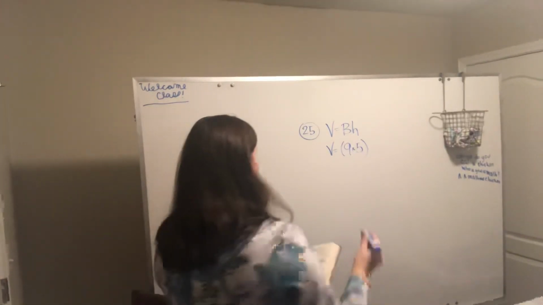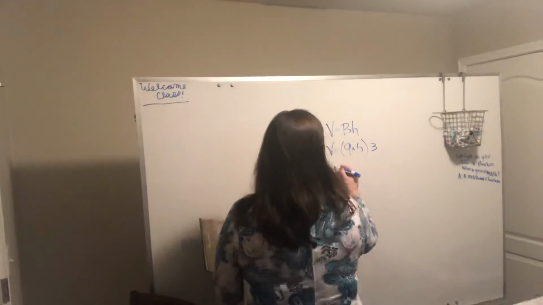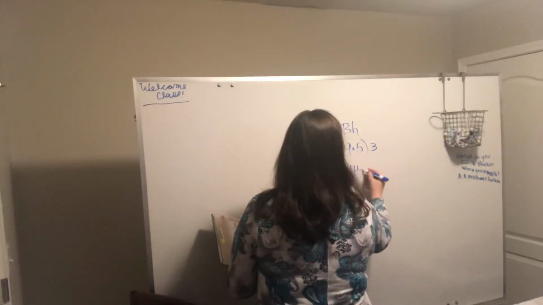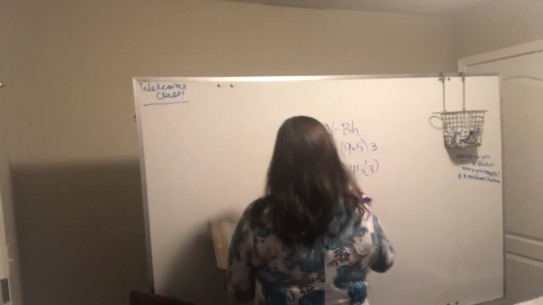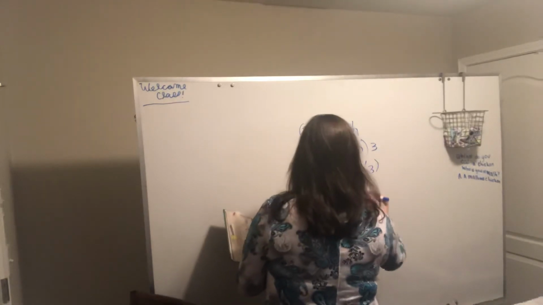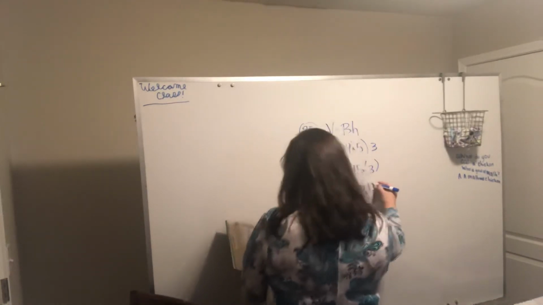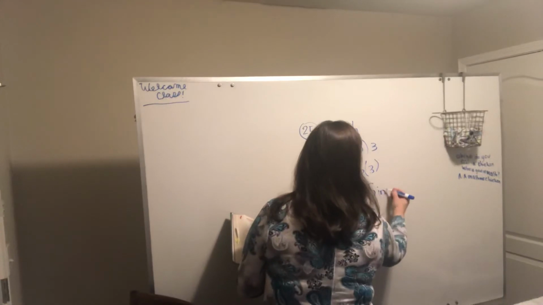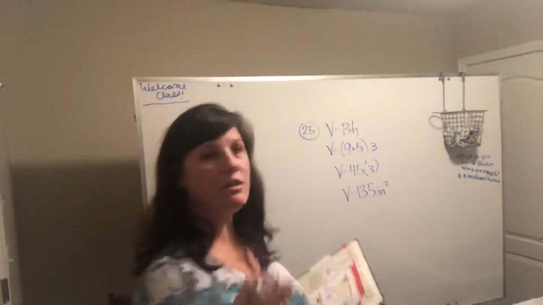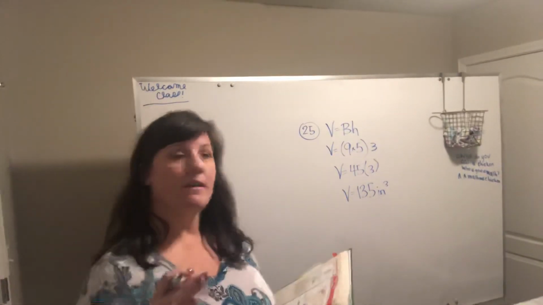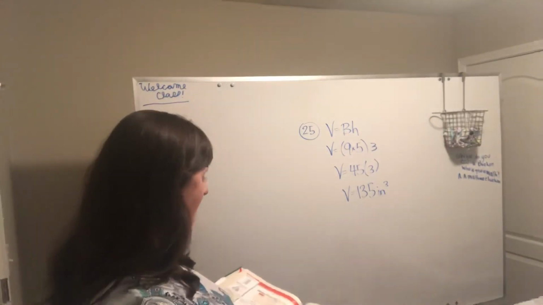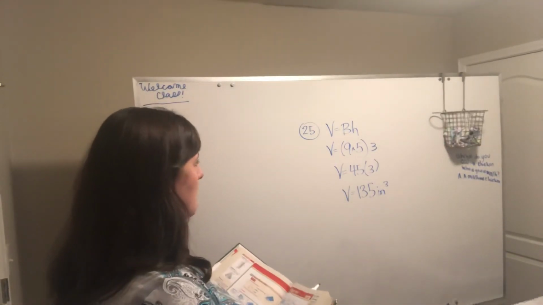The height there is 3. So to get my volume, I have 45 times 3, and my volume is 135 inches cubed. Three-dimensional, length times width times height for that volume. So you have the volume of a rectangular prism.